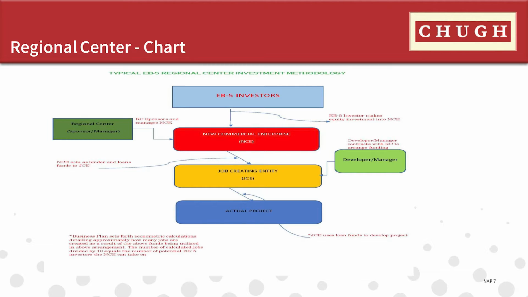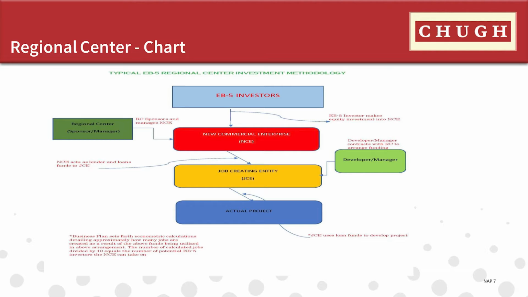The investor purchases equity stakes in the investment fund, and then the fund either purchases equity in the job creating entity, that is the equity model, or lends money to the job creating entity, that is called the loan model.